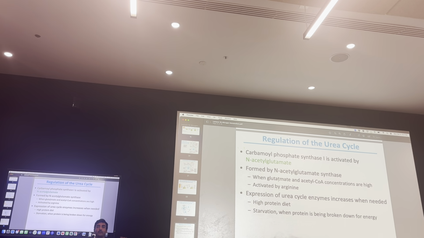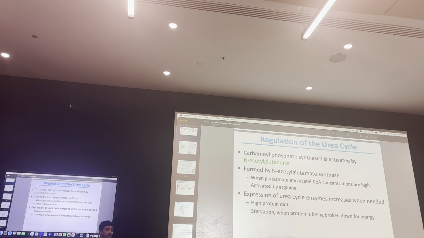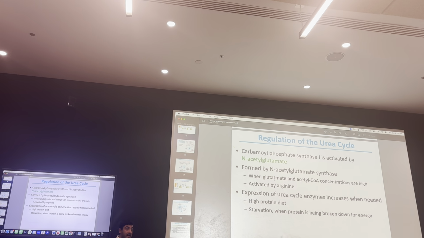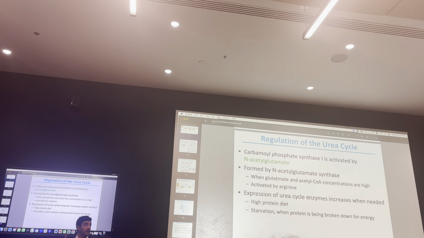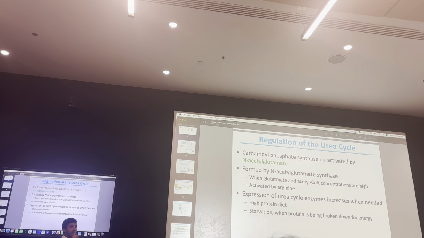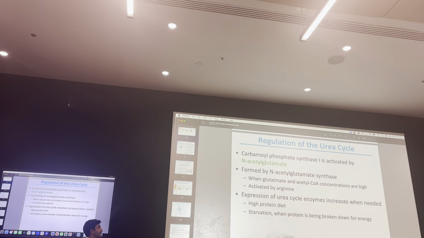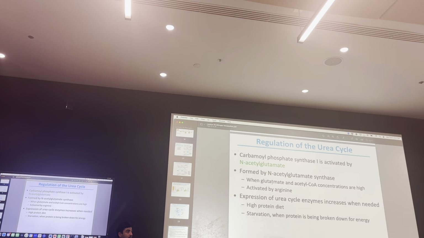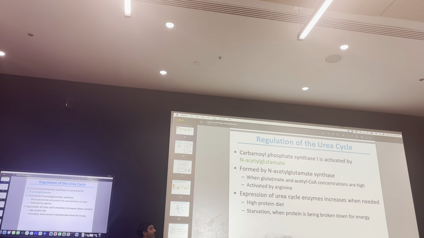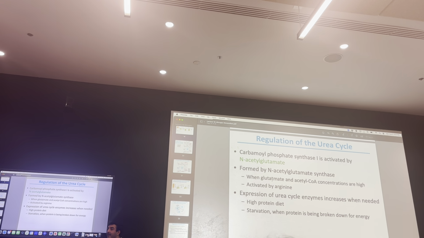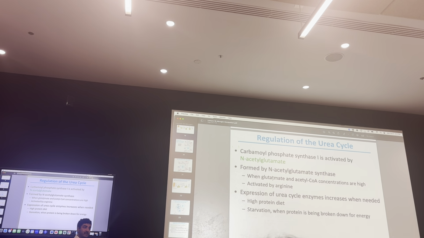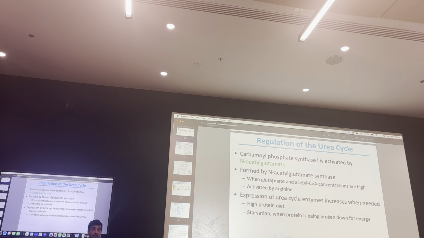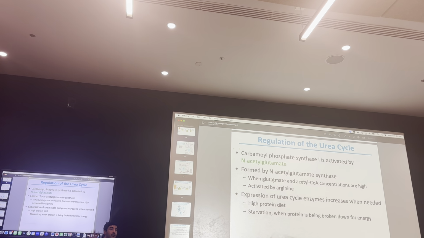N-acetylglutamate synthase is also regulated by arginine, which makes sense because arginine is featured in your urea cycle. If you have an excess of arginine buildup, you will synthesize more N-acetylglutamate. If you have a buildup of arginine, it's highly likely you have a buildup of glutamate as well, because arginine is downstream of glutamate within the urea cycle.